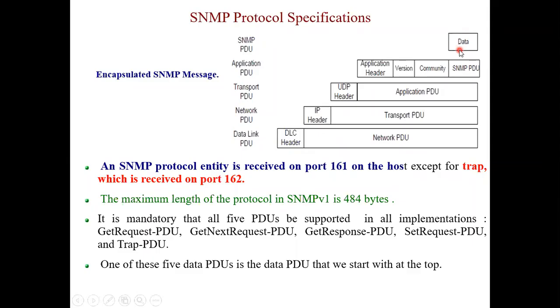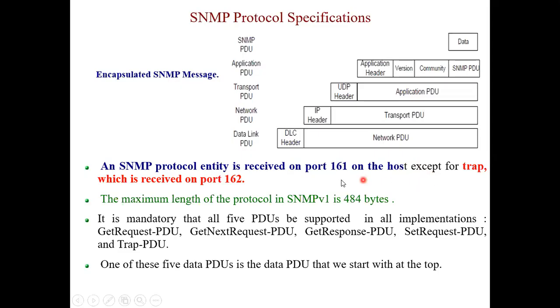There are multiple ports on which I can receive and send data. If it is an SNMP message or SNMP protocol entity, whichever machine I am receiving it on, it is received on port 161 on the host. If it is a trap message, that is received on port 162.